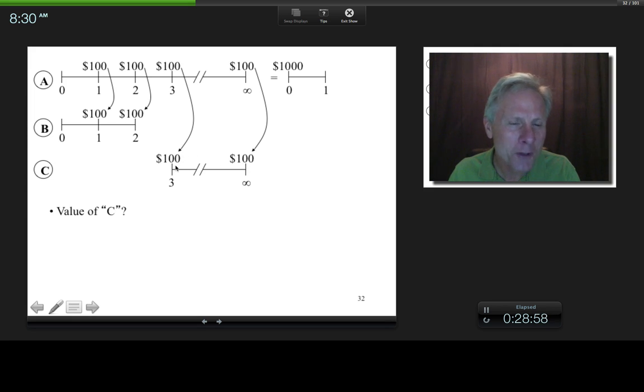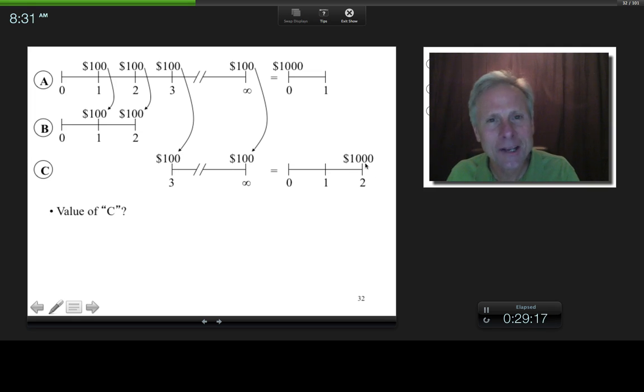If the first 100 is at time 3, then the solution is 1 period earlier, so at time 2. This perpetuity, $100 going on forever starting at time 3, is mathematically identically equivalent to $1,000 at time 2.